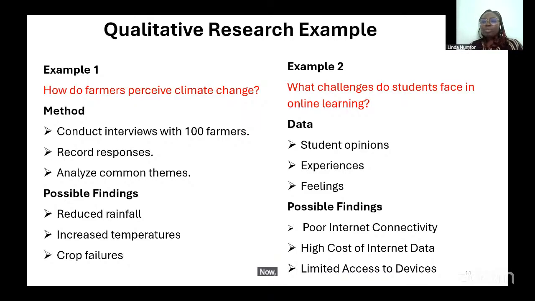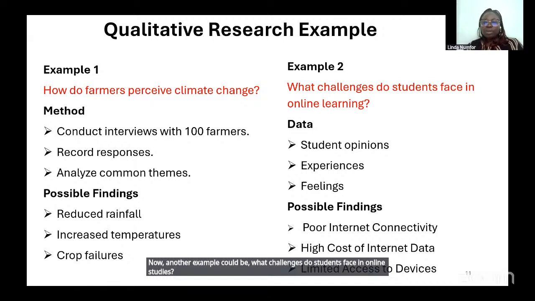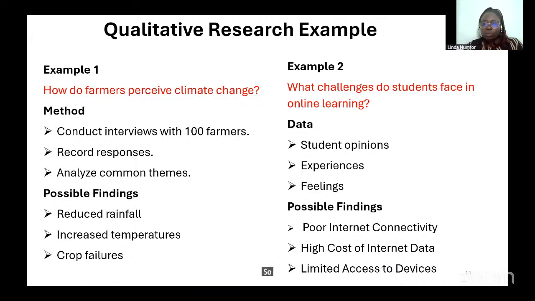Now, another example could be, what challenges do students face in online studies? So the data you're going to get are students' opinions, their experiences, their feelings. What would be the possible findings from this study? You have poor internet connections.